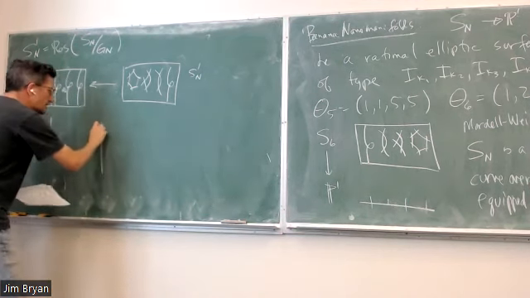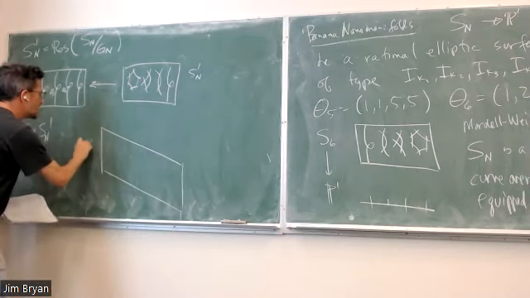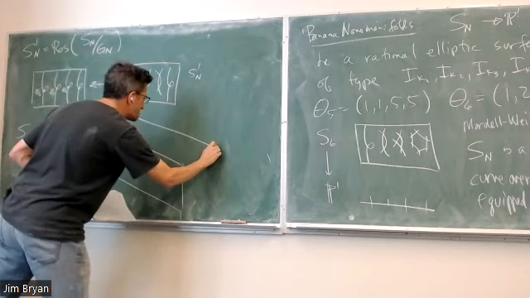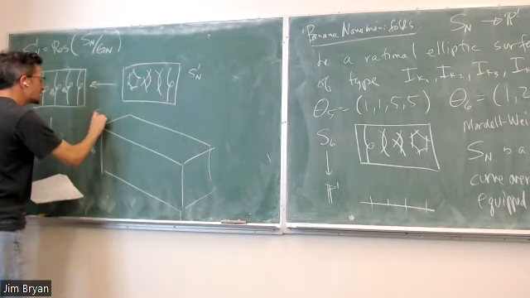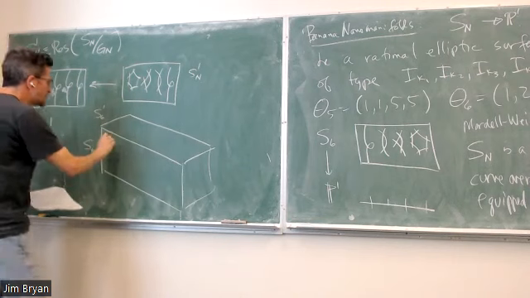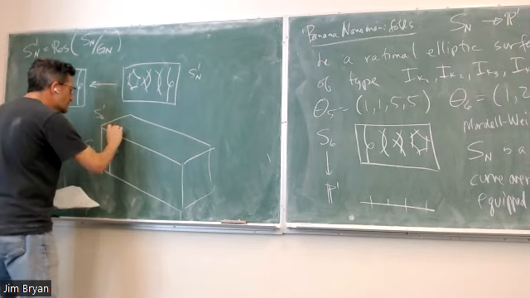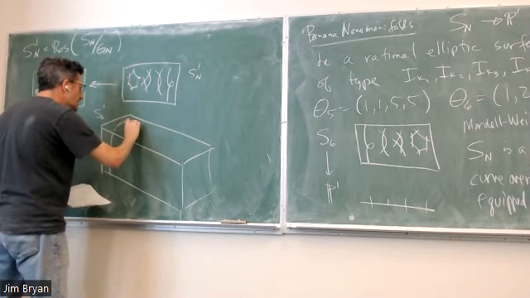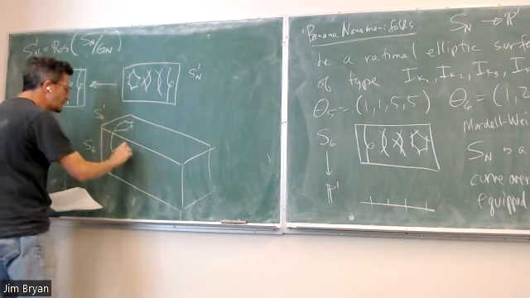So what's this picture? I've got S6. I've got S6 prime. And this is something, so now what do the singular fibers look like? So here I've got a hexagon paired with this thing.